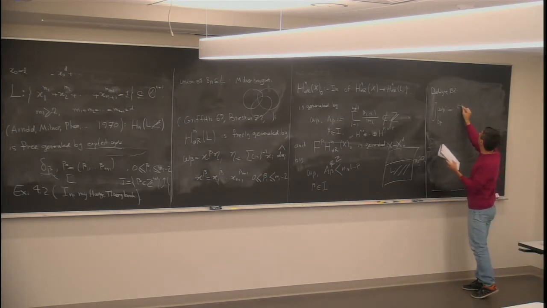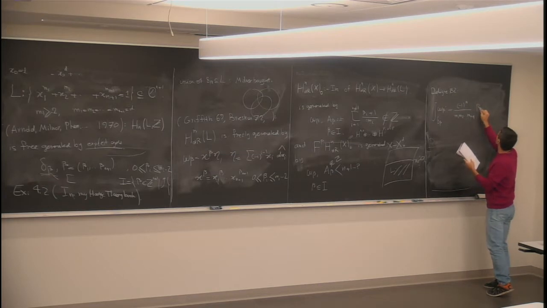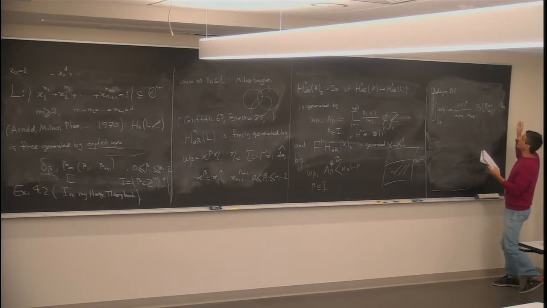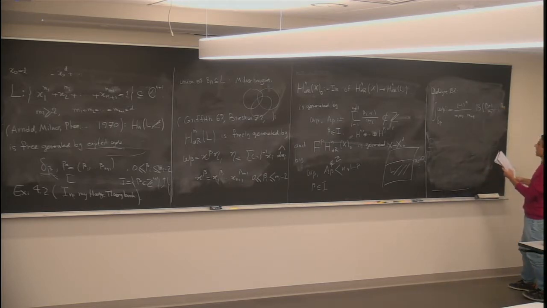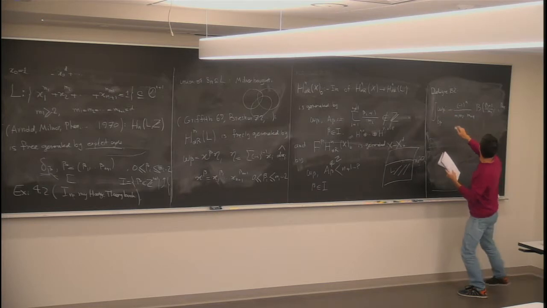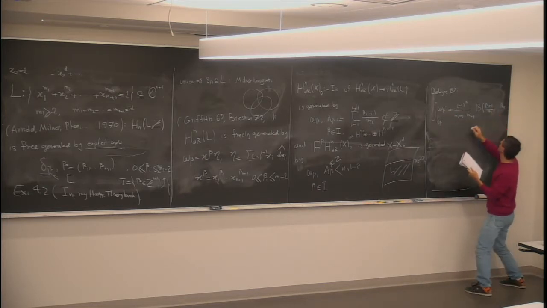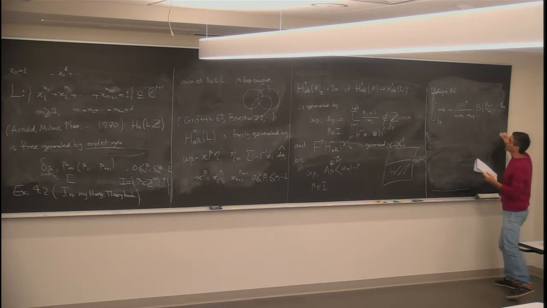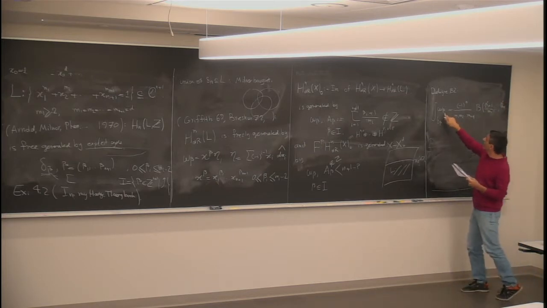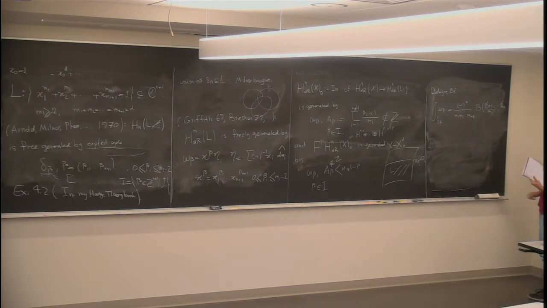Maybe I write this one. Beta prime will be the index of the differential form.